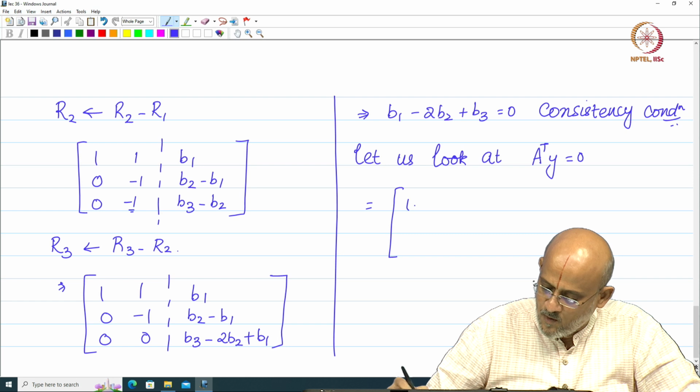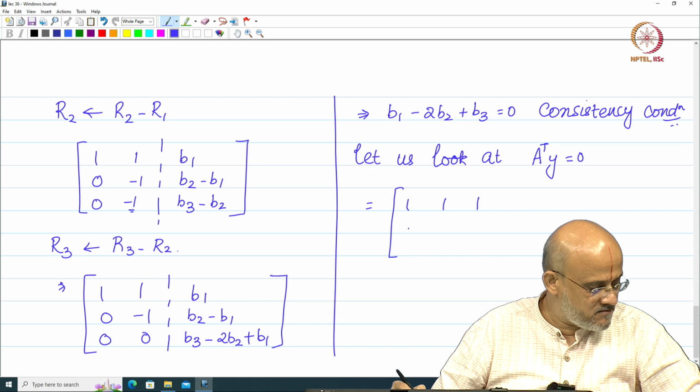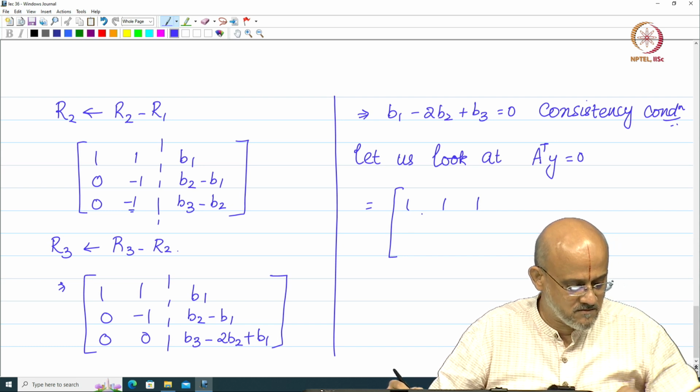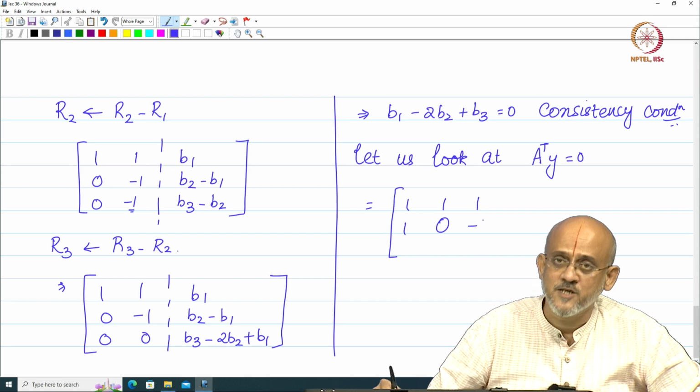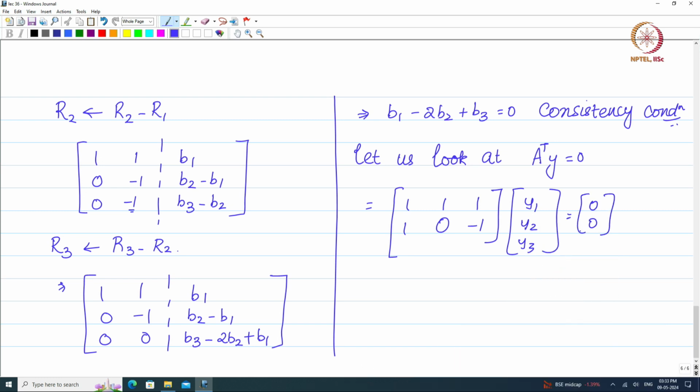I have this 1 1 1 and I have 1 0 minus 1, and y1 y2 y3 is equal to 0 0. This is what I have. Now I will do the RREF here, my R2 becomes R2 minus R1. So I have 1 1 1, 0 minus 1, minus 1 minus 1 is minus 2. So we have y1 y2 y3 which is equal to 0 0.